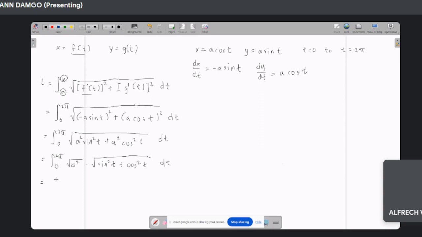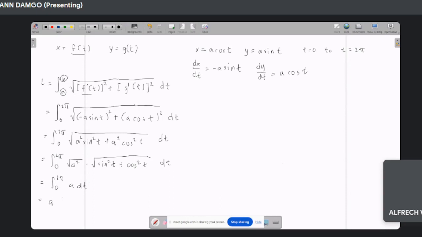Okay? So, square root of a squared, this is a. And then, sine squared t plus cosine squared t. So, we have an identity here in which this is equal to 1. So, the square root of 1 is 1. So, this is just a dt. Okay? So, ang a, pwede na ito mapagawa sa integration because this is constant with respect to t.